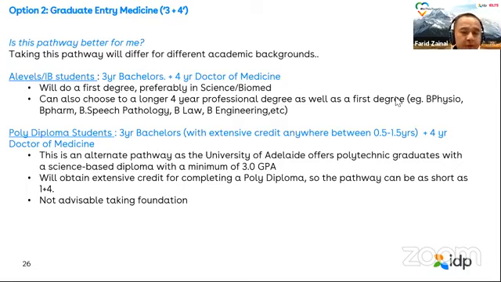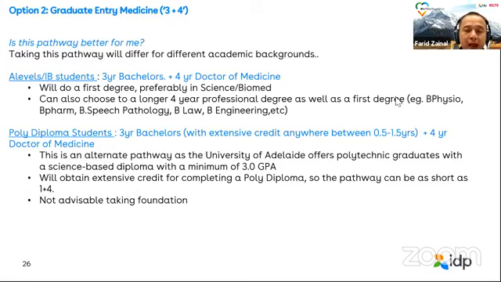Okay, we have something for the Polytechnic students as mentioned, right? So with your Polytechnic diploma, you can look at some extensive credit, right? Anything between 0.5 to 1.5 years on your bachelor degree, which means that the pathway for Polytechnic graduates is you can look at a shorter bachelor degree program as opposed to a full 3 years.